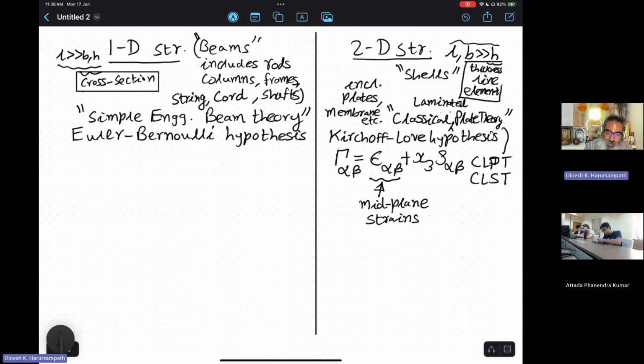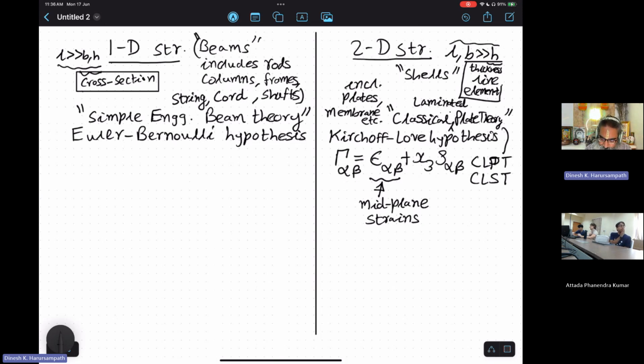In case you have introduced the x3 coordinate such that at the mid surface or mid plane of the laminate, it is x3 equal to 0. So then it becomes the strains at that location, because if in this equation, gamma alpha beta equal to epsilon alpha beta plus x3 rho alpha beta, I set x3 equal to 0, I would get gamma alpha beta equal to epsilon alpha beta.